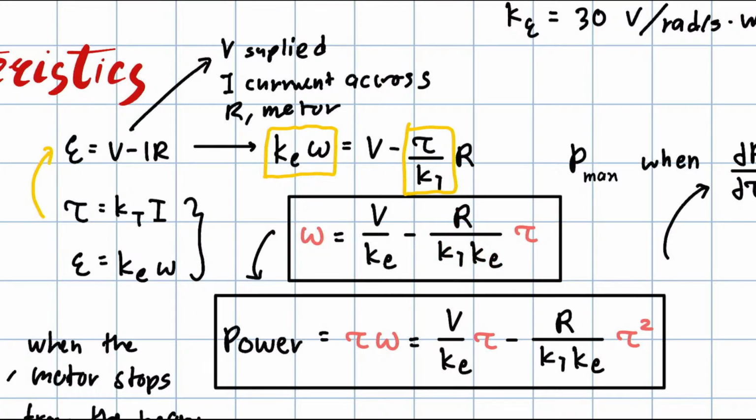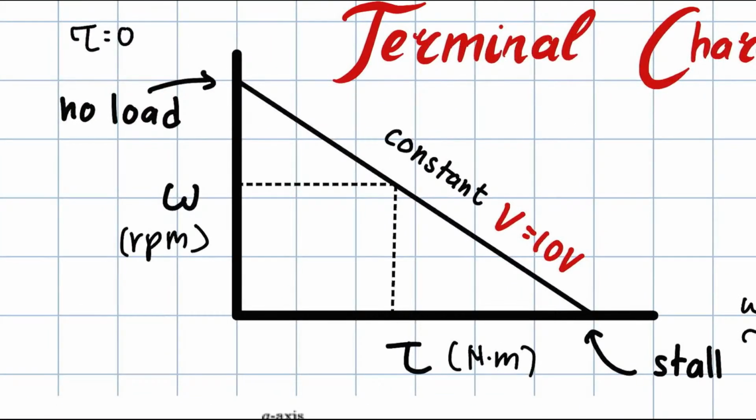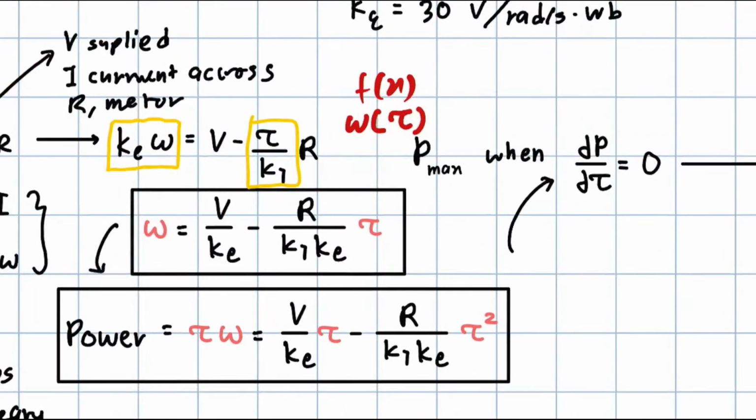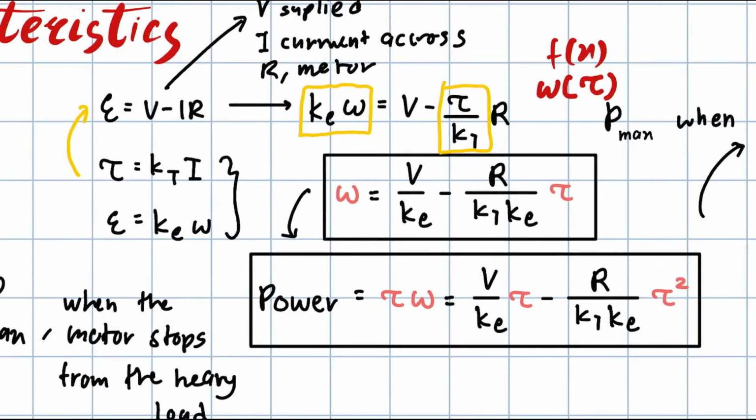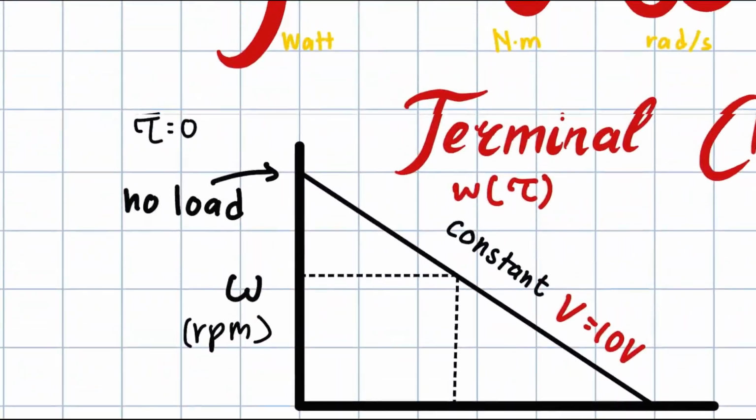So this is like f of x, but this time it is the angular velocity as a function of torque. It's a straight line, because it's a negative R over Kt Ke. This is the gradient here, like maths. So when torque equals 0, angular velocity is V over Ke.